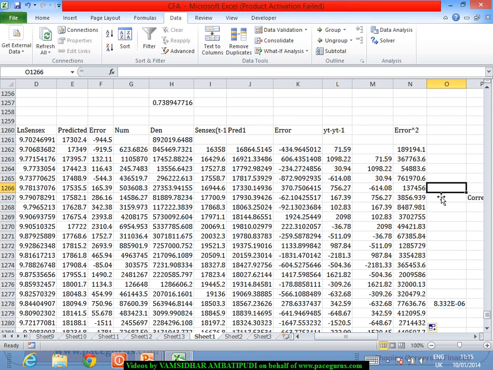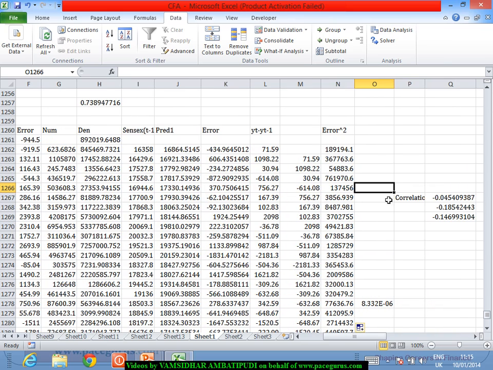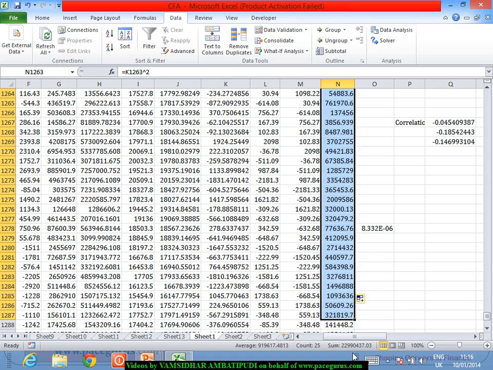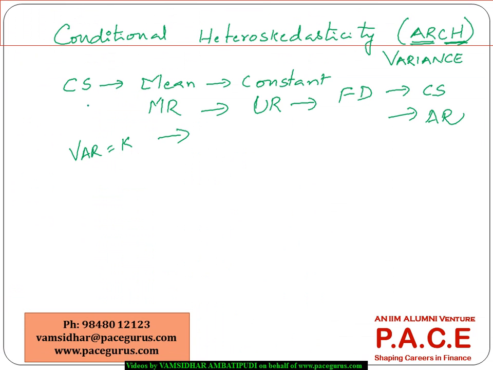Now when I take the error squared as the dependent variable, what this model for checking conditional heteroscedasticity says is: error t squared is equal to a plus b times error t minus 1 squared plus some error term, some alpha.